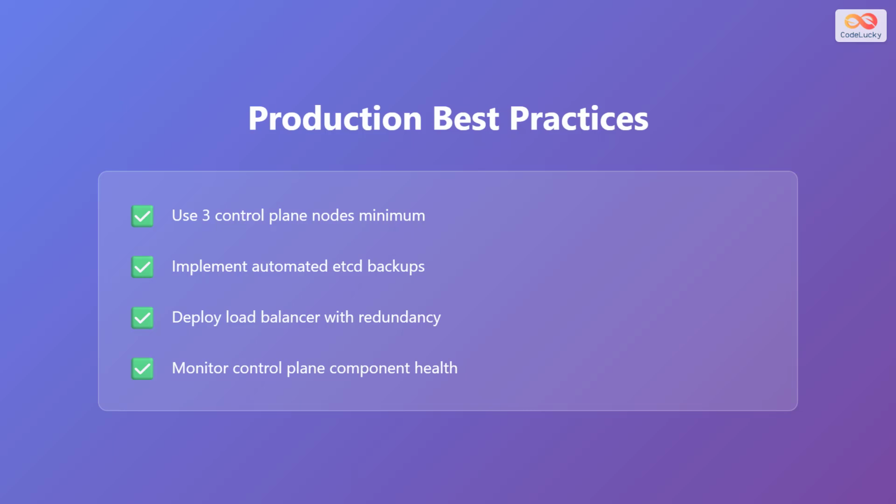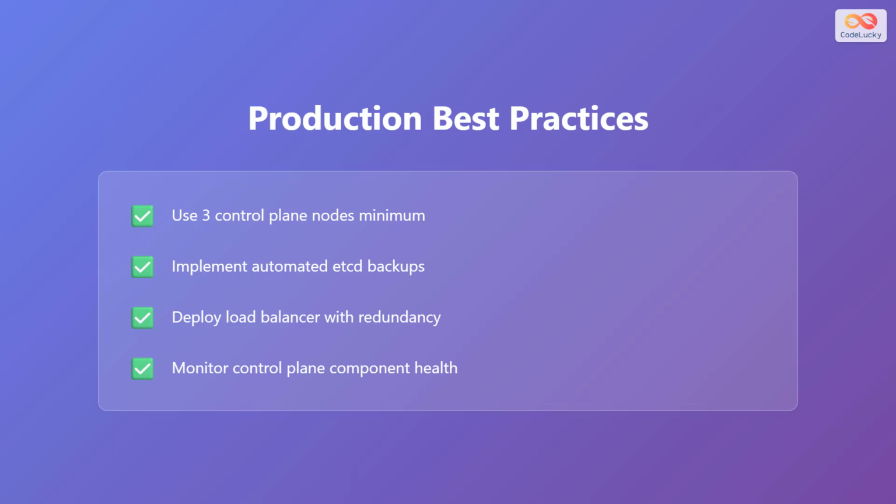Let's wrap up with essential production best practices. Always use a minimum of 3 control plane nodes to ensure proper fault tolerance and quorum. This provides resilience against single node failures. Implement automated etcd backups regularly, as etcd contains all cluster state, and losing this data means losing your entire cluster configuration.